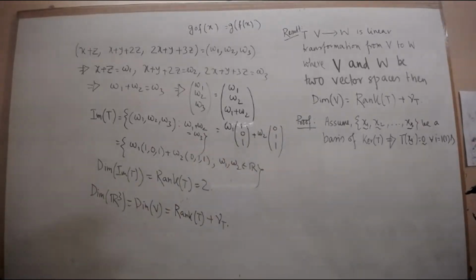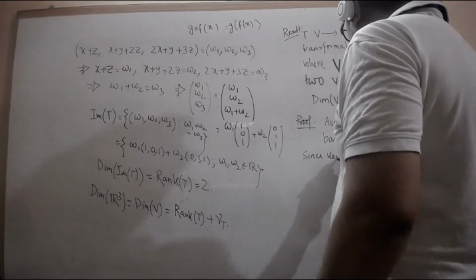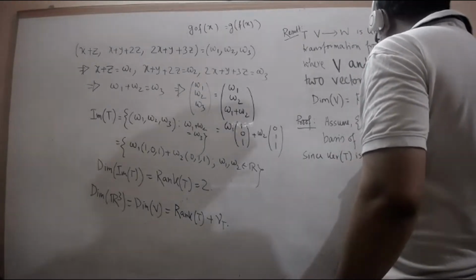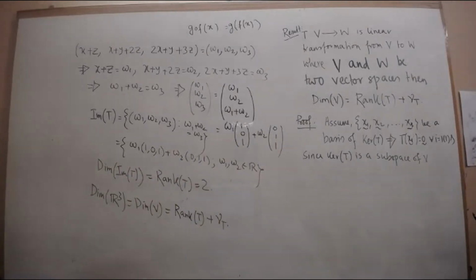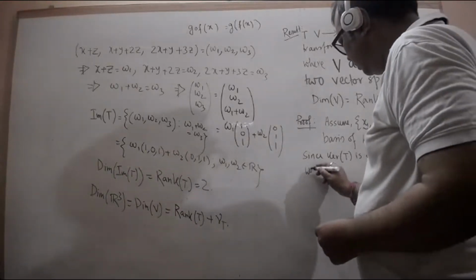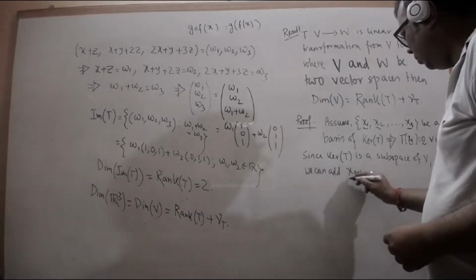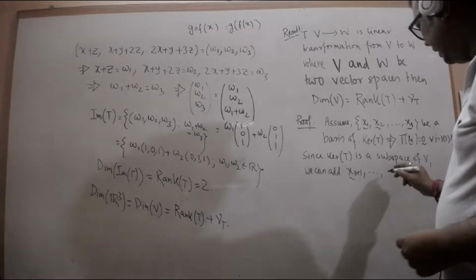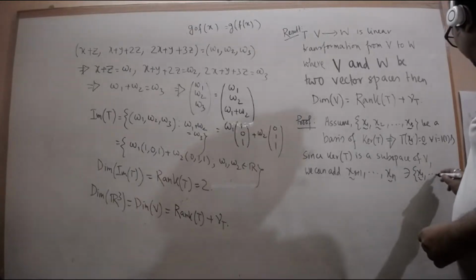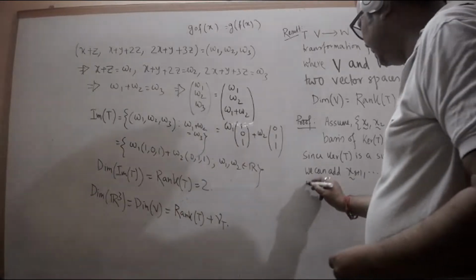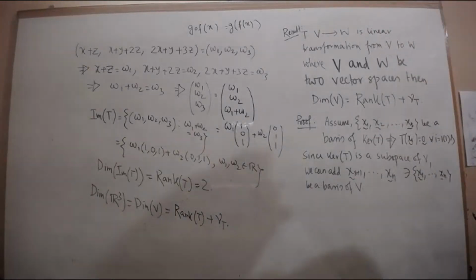Since the kernel of T is a subspace of V, we can add x(s+1) to xn such that x1 to xn is a basis of V.